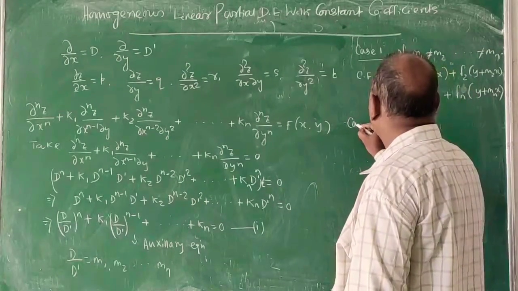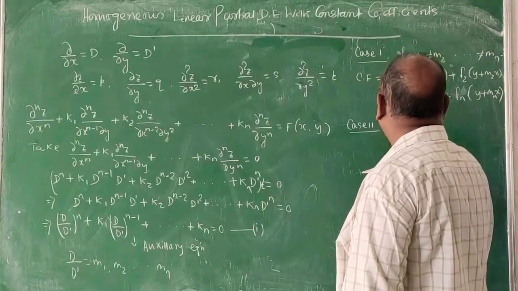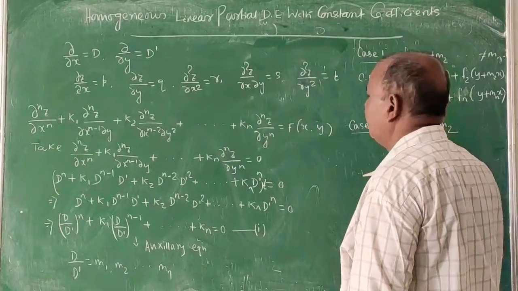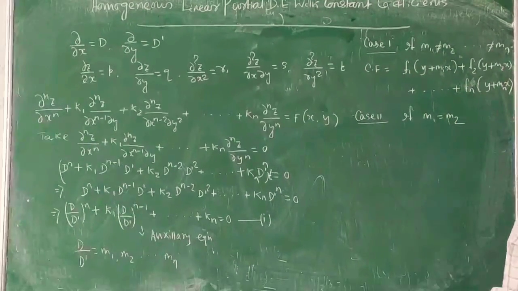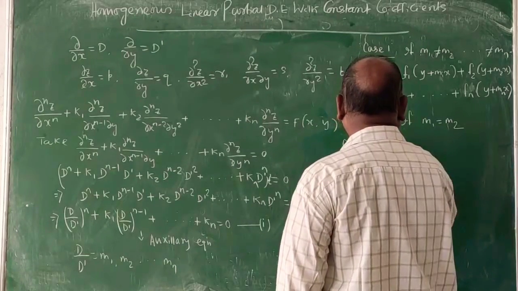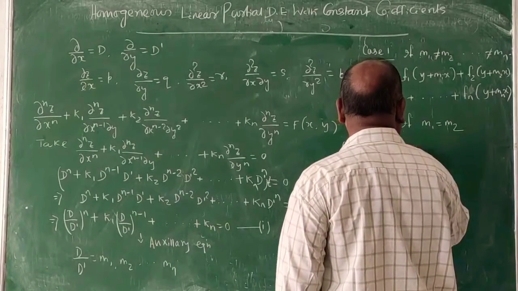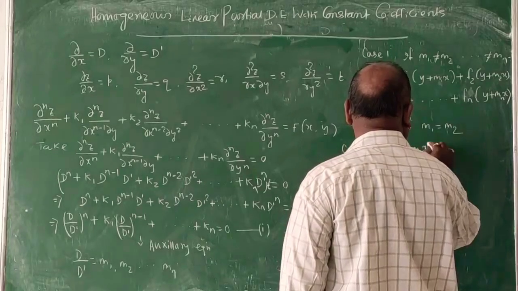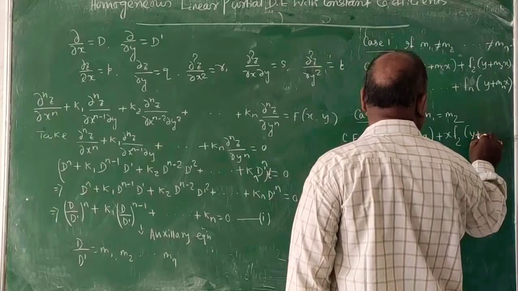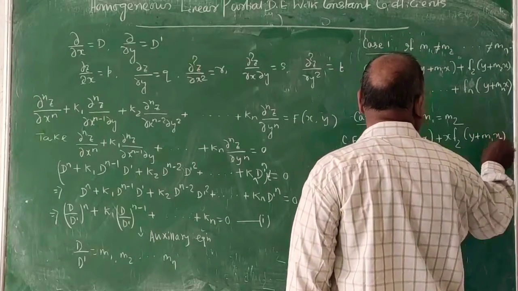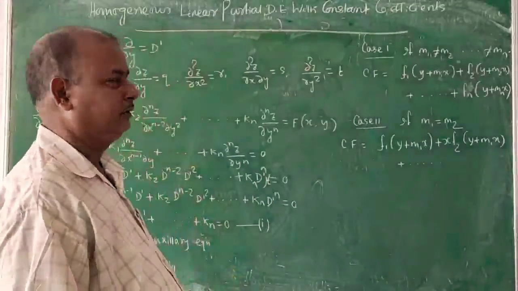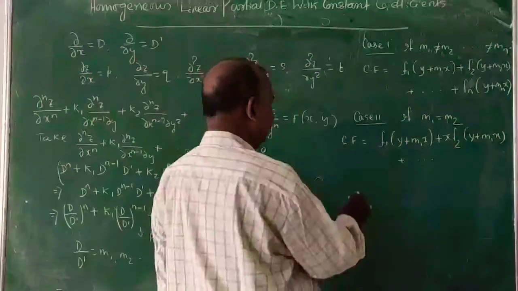Now take case number 2. If two roots are equal, say m1 is equal to m2, then you obtain the complementary function as f1 of y plus m1 x plus x into f2 of y plus m1 x, and this goes on continuing. Suppose p roots are equal.